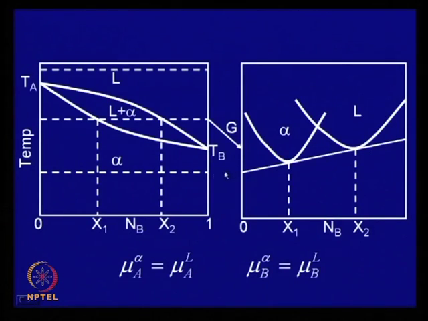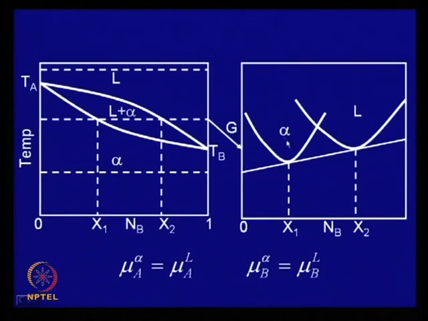And in a free energy plot, if you draw a tangent, then this intercept is known as, usually free energy zero will be somewhere here, this is down. So, this intercept will be known as the chemical potential, or you can say partial molal free energy.